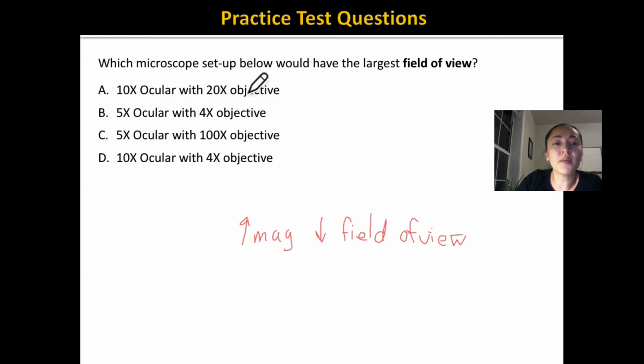So to figure out the total magnification, just take 10 times 20, and that's 200. 5 times 4 is 20. 5 times 100 would be 500. And 10 times 4 would be 40. All right, so which would have the largest field of view? Well, the one with the lowest magnification, because they're inverse relationship. So B would be the correct answer here.